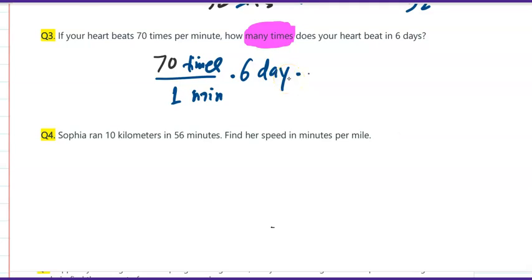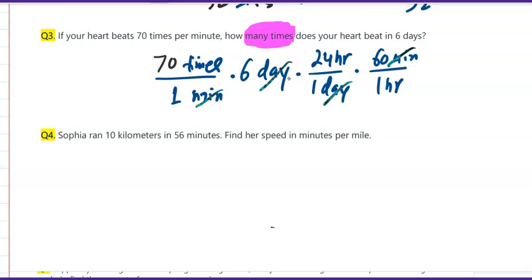Again, remember that 1 day equals 24 hours. Again, 1 hour equals 60 minutes. So if you do that chain of multiplication, minute cancels, day cancels, hour cancels.